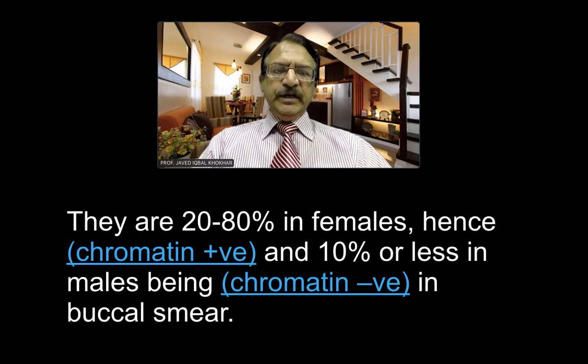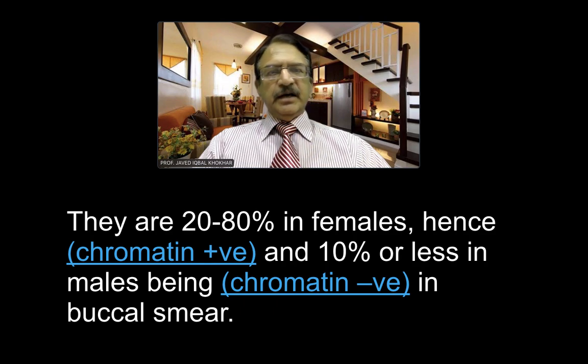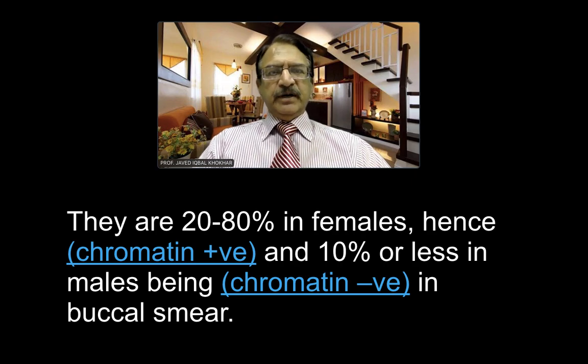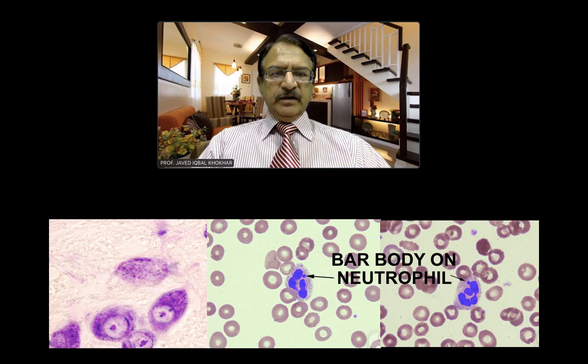They are present in 20 to 80% of cells in females, hence they are called chromatin positive, and 10% or less in males, being chromatin negative. So if it is more than 20%, they are called chromatin positive, and if less than 10%, then chromatin negative in the buccal smears.